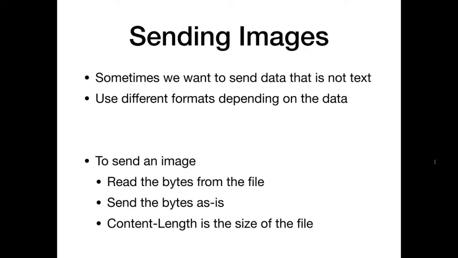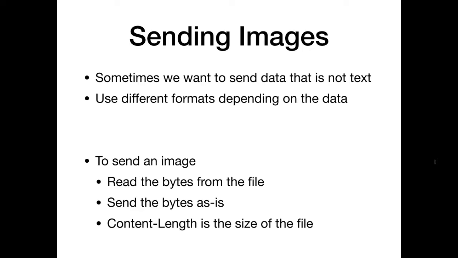Just read the bytes directly of the file and send those bytes. So each language is going to have some way to open up a file as binary, just reading all those hex values or however you want to think of the representation, reading the bytes usually. Read that file as a byte array and then just send those bytes.